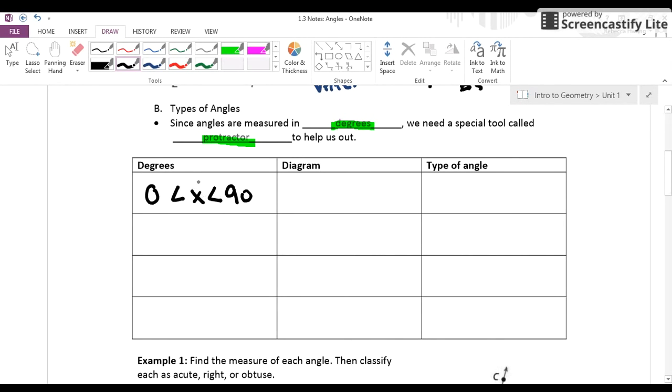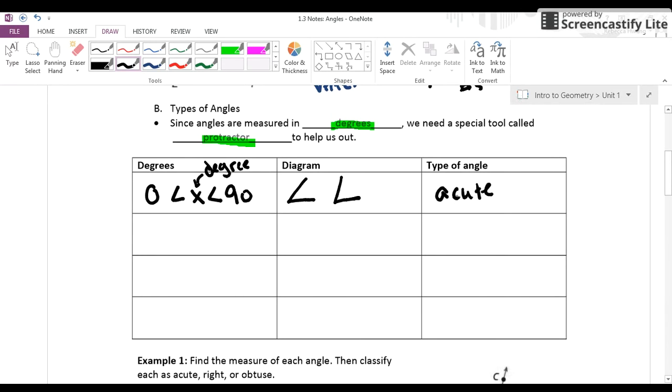And x here is just the degree. Let's just make that clear. That can be any value, my variable. So that's going to be some kind of angle that looks like this, right? Like a kind of like a less than sign, almost like a corner, but not quite. These angles between 0 and 90, you might already know this, are called acute angles.